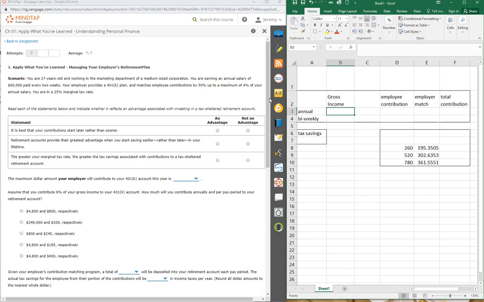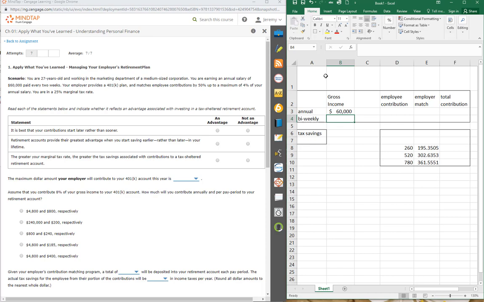So what I like to do is keep track of my calculations in Excel. So I'm just going to do a couple initial calculations just to get us going. So our gross income is $60,000. That's paid bi-weekly, so every 2 weeks.